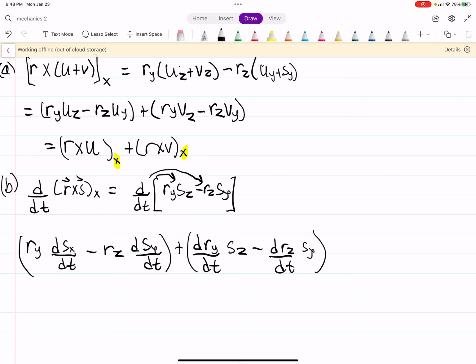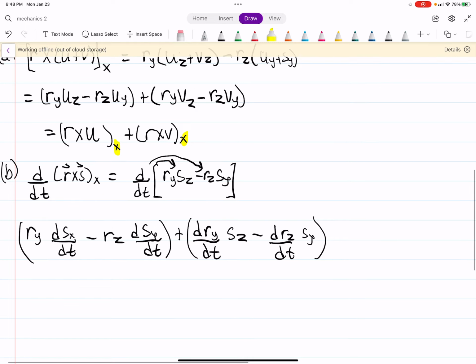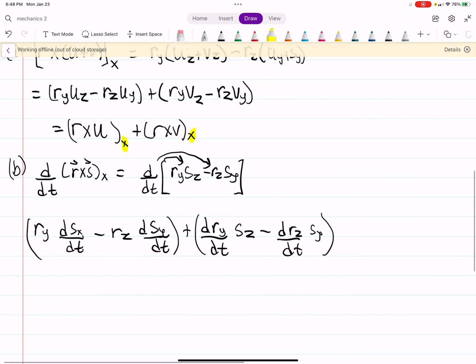So I didn't do them quite in order. This is just the first, that should be actually a z. I don't know why I keep writing x's.